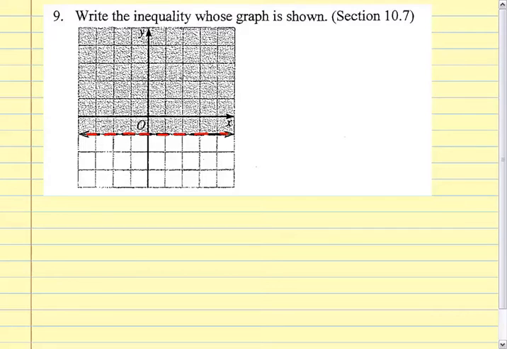It's a Y line. Y lines are horizontal. X lines are vertical. So I know this is y. What's the number? Negative 1. Now we need to know, is it greater than or equal to, less than or equal to? Greater than. Is it equal to? No, because it's a dotted line.